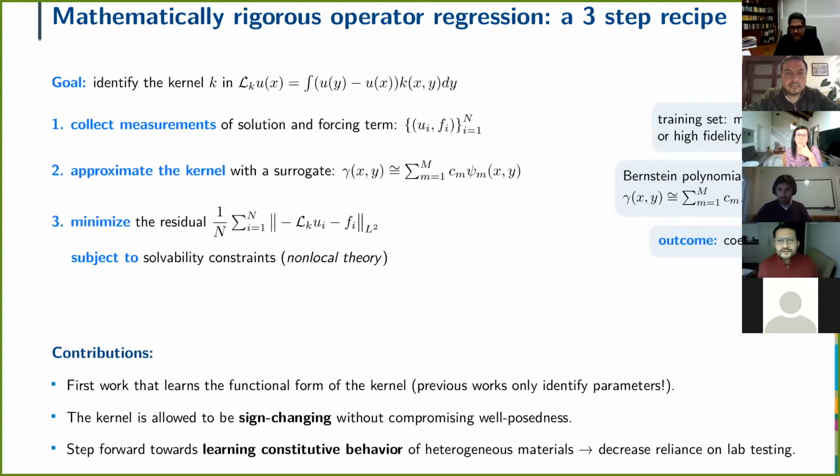Have you tried radial basis functions, for instance? We didn't, but that's certainly a possibility. We tried simple polynomials for different types of problems, just combinations of 1, x, x squared, things like this. That was not good.